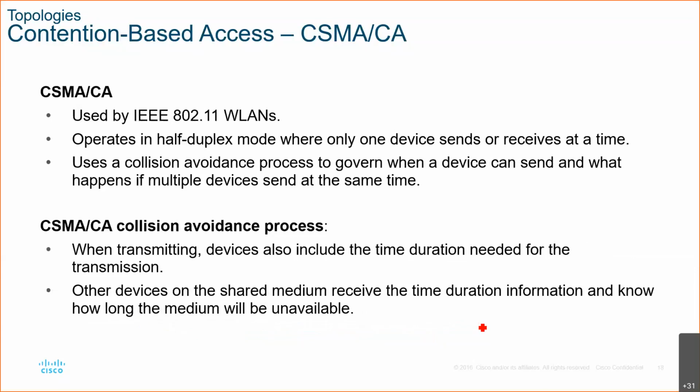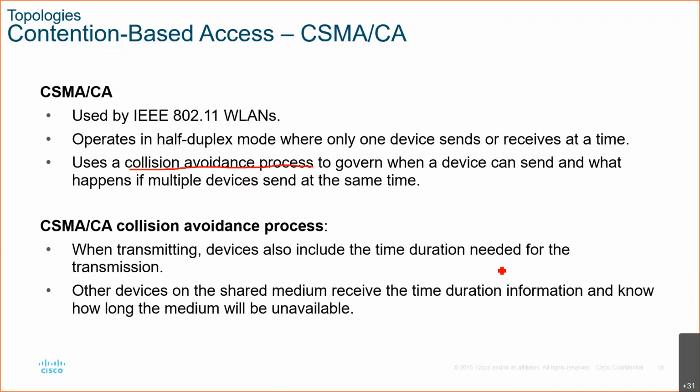But what it does is it uses a collision avoidance process. Okay. So how does it do that? It ensures that the time needed for the transmission, okay, that time is shared with all the other devices.